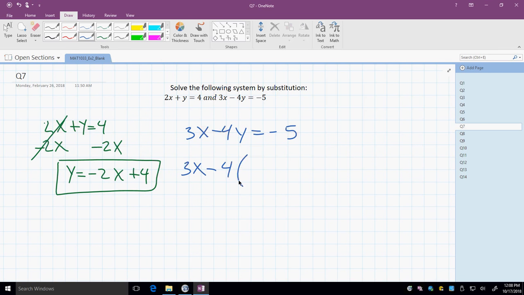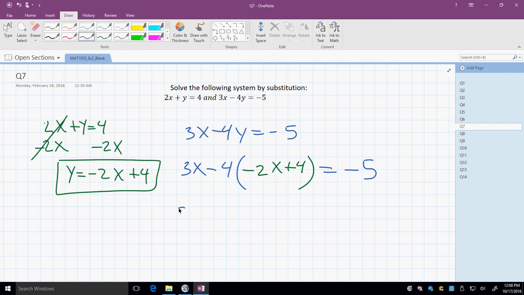Negative 4, open parentheses, negative 2x plus 4, equals negative 5.